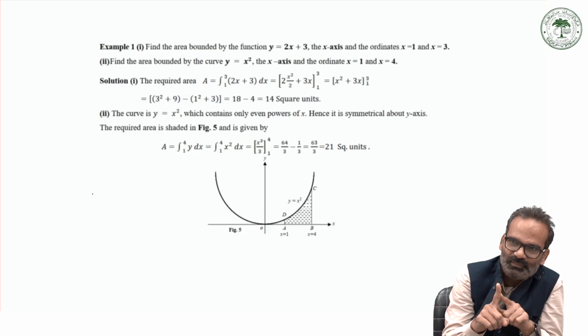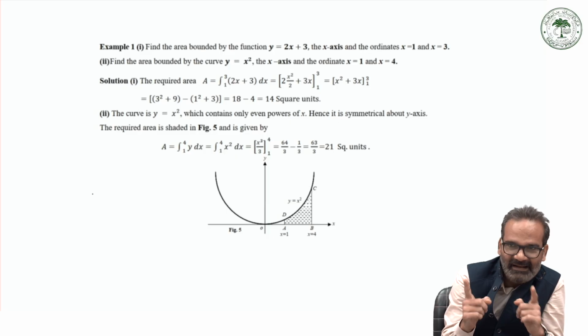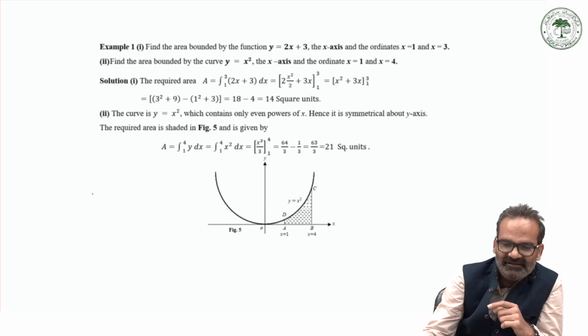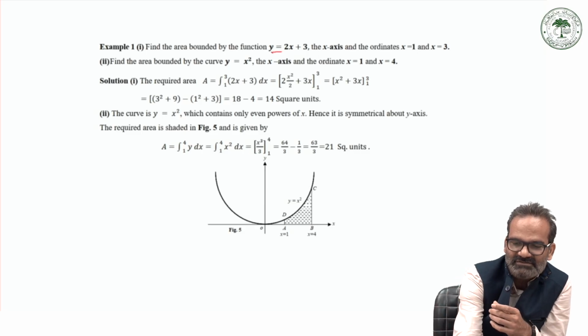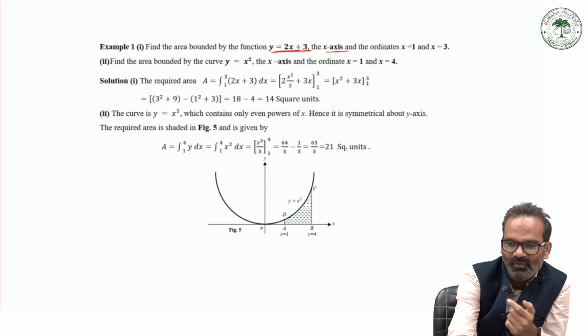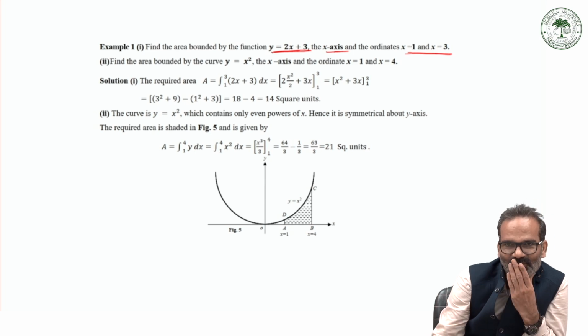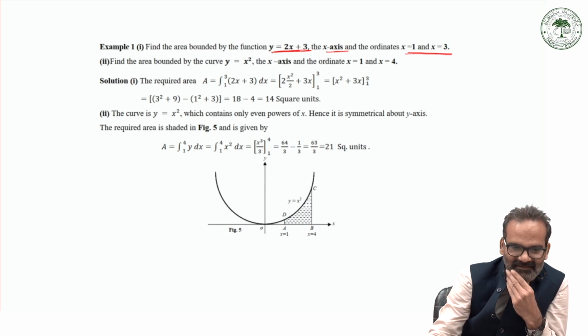The curve should be given, the x-axis is already known, and the ordinates are the third component. So see here what is given to you. You have been given the function y equals f(x), the curve. This is your curve. And then the x-axis is already known, and fortunately ordinates are also given, right?